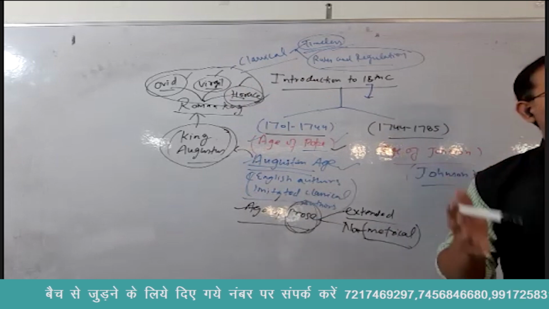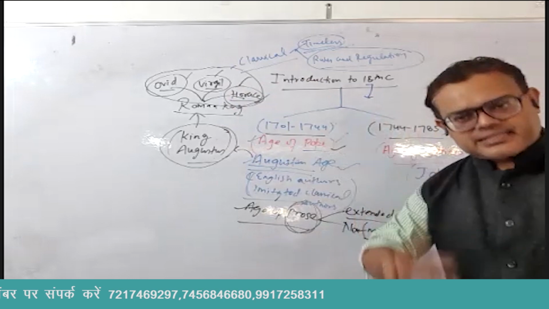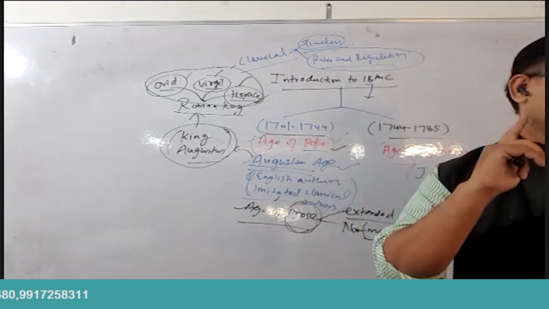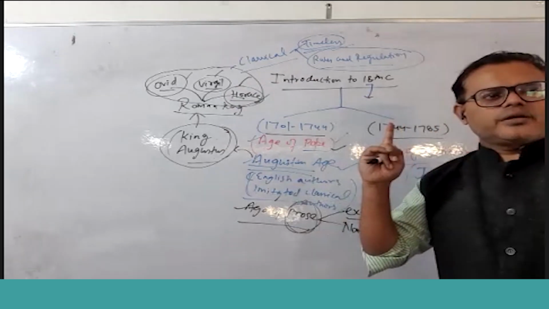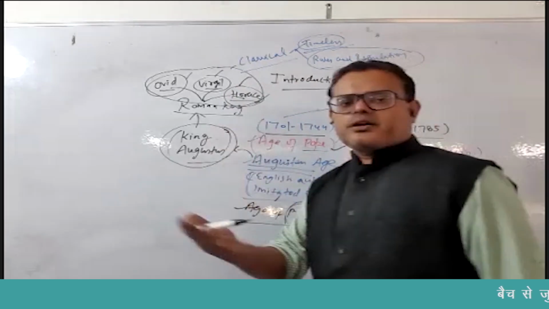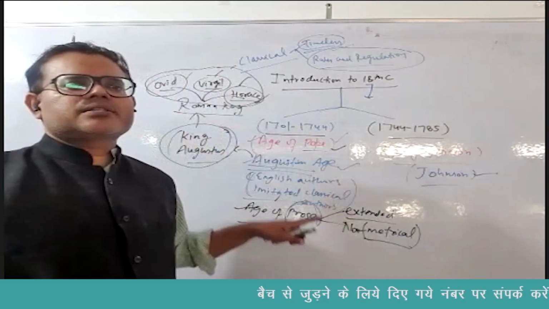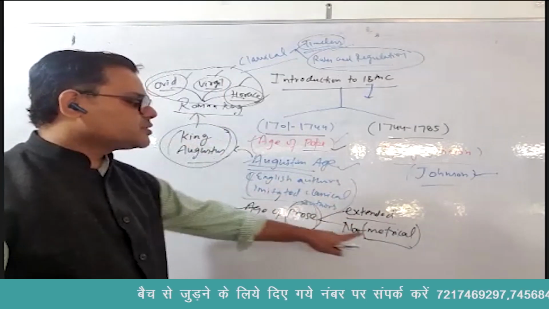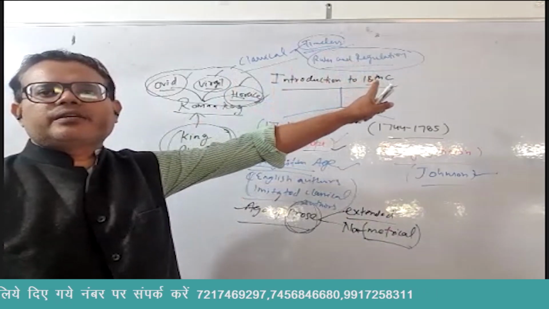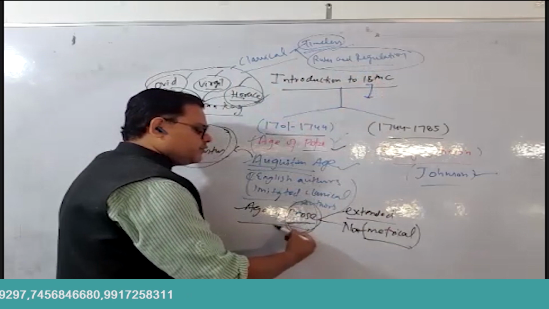They have asked this question various times: Pope's Essay on Criticism, is it an essay? Is it a verse? The answer would be verse, V-E-R-S-E. Verse means anything which is written in meter. We'll come to that topic, but please keep in mind that although they were prose writers, some of the works were not written in prose. They included meters because the classical writers also wrote in meters. Clear?